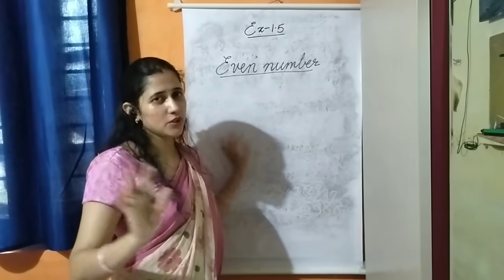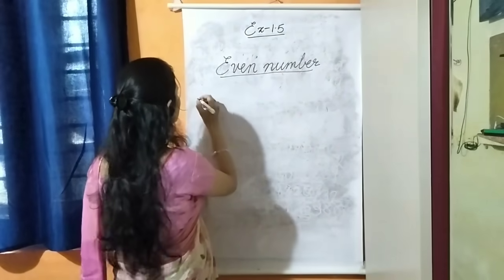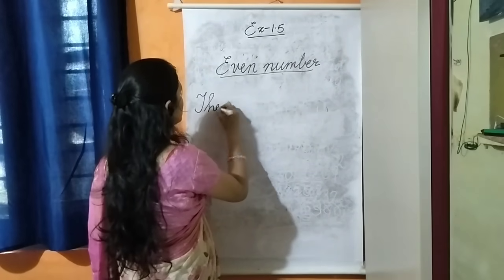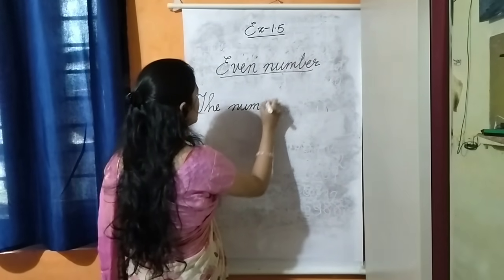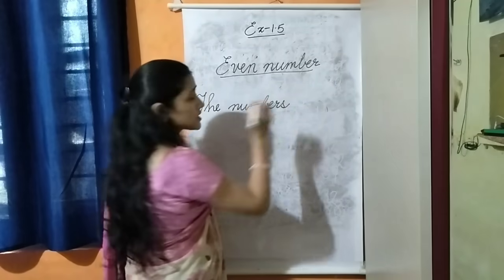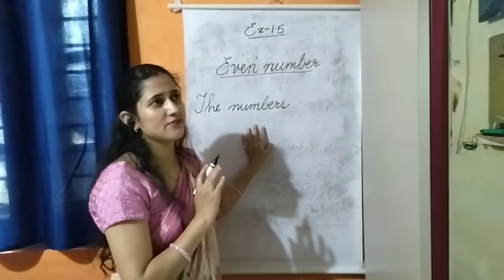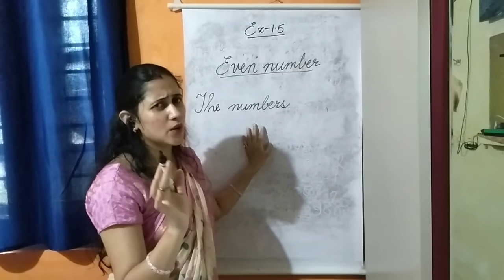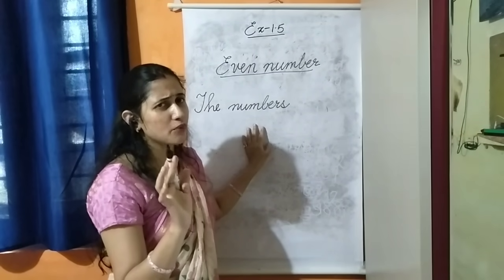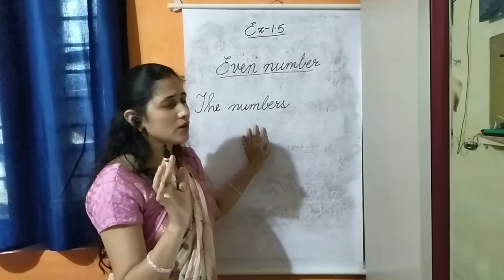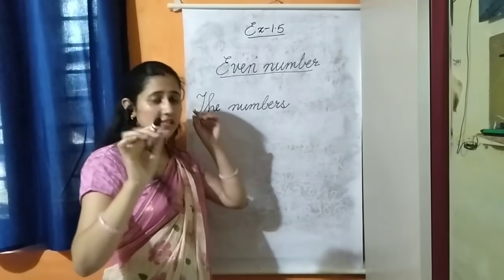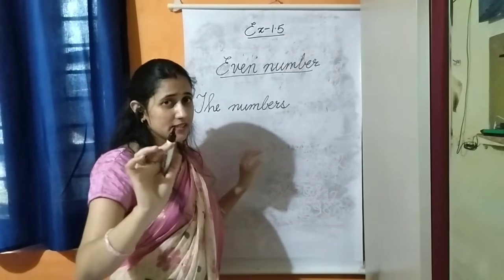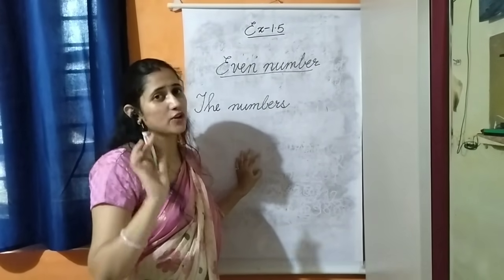You can pause the video and write. This definition I have given you in your download link also. I have given you 14 points to write in your fair copy. Whatever work is given in the download link, you have to do in your fair copy only.